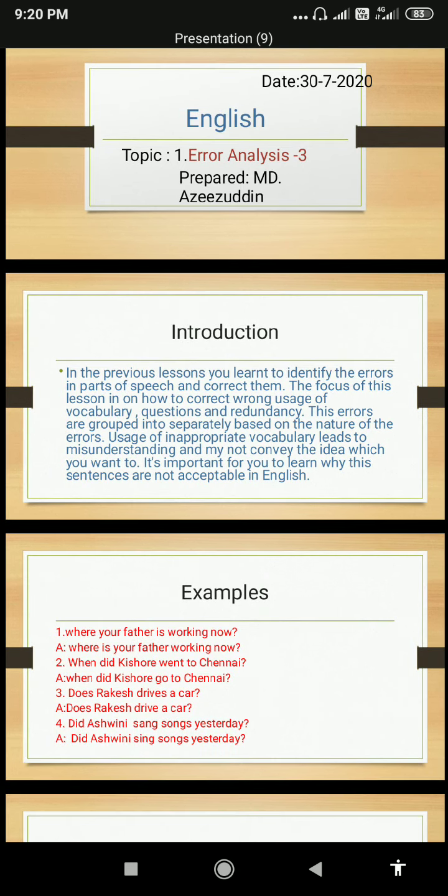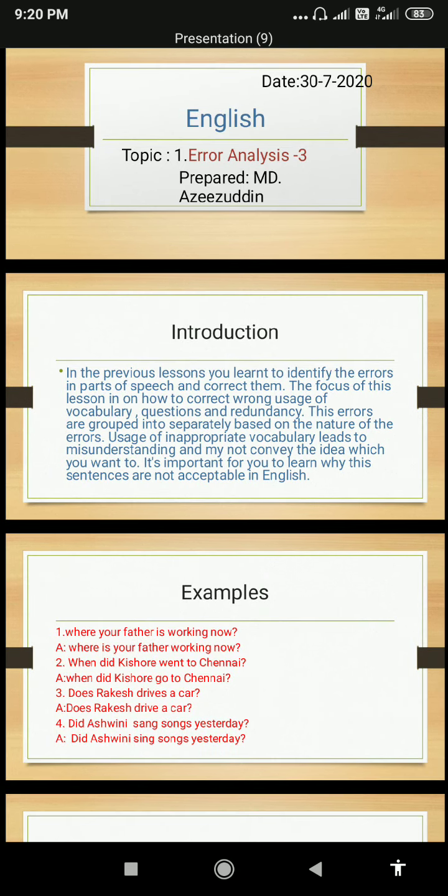Based on that, I told two reasons. The first one is the influence of mother tongue, and every language has got its own peculiarities. That is the reason why students commit mistakes in their communication as well as in their write-ups. It is related to error analysis 1.